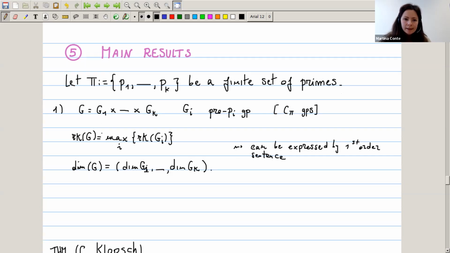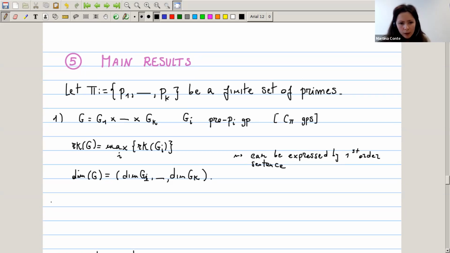This gives us a hint when we want to consider even more general groups. So these more general groups that we want to consider are pro-pi groups. These are inverse limits of finite pi groups.